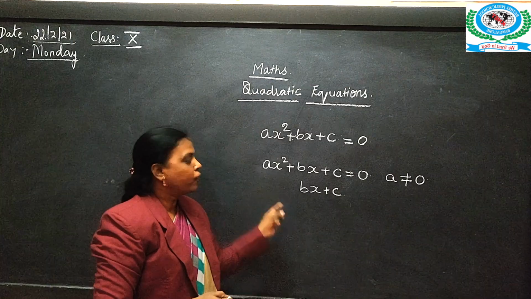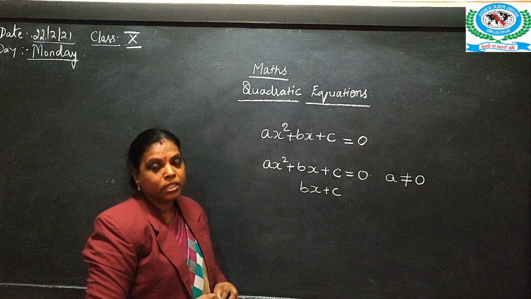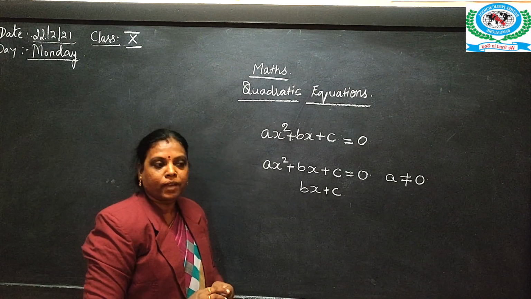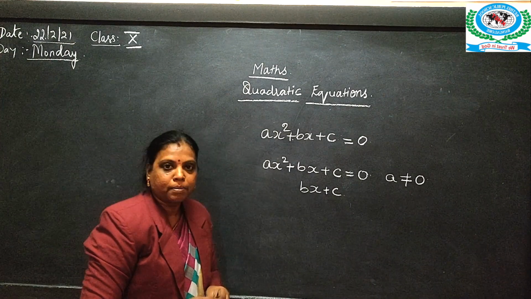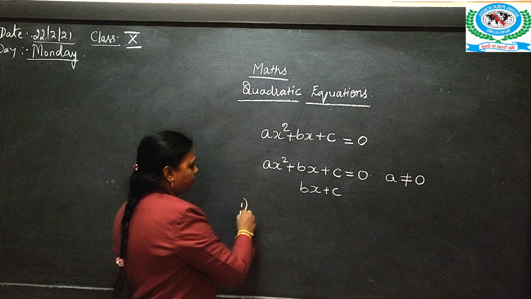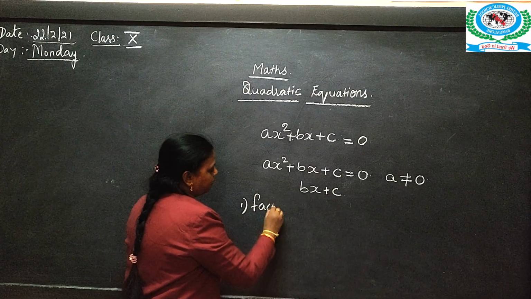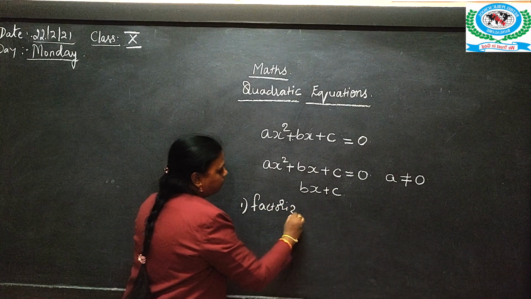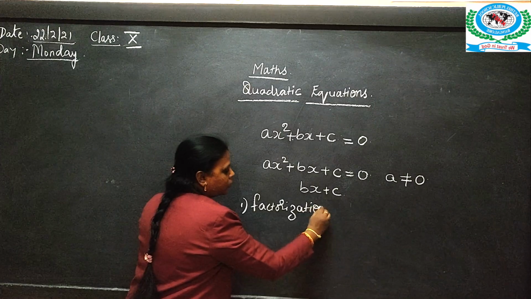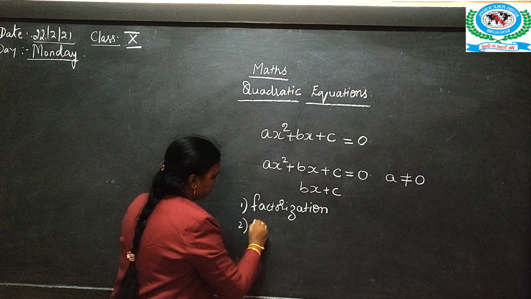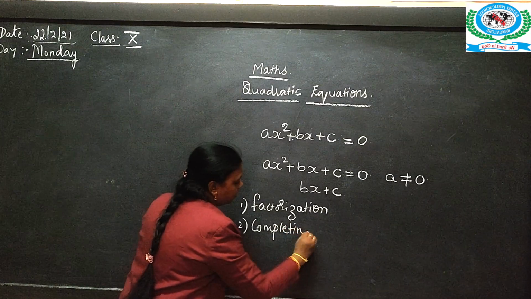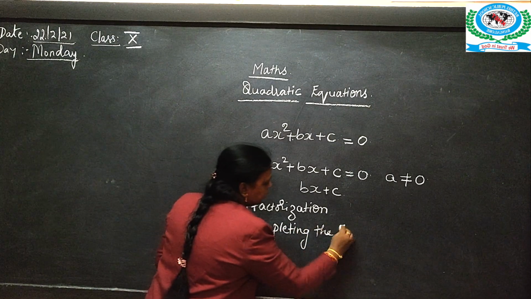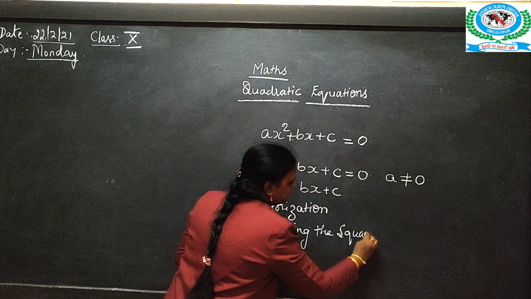Okay. So to find the solution to this, we have three methods. We can find the roots of the quadratic equation by three methods. The first one is the factorization method. The second one is the completing the square method.